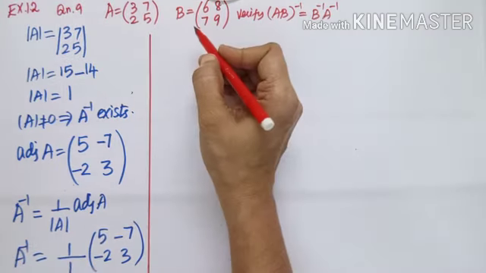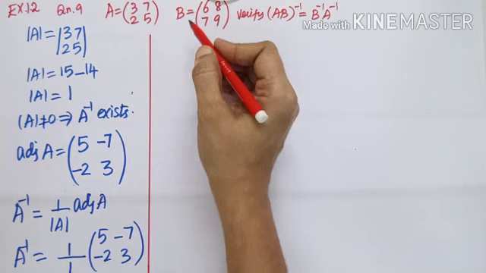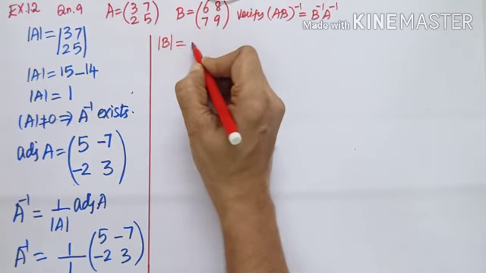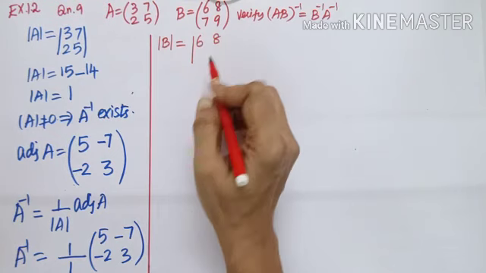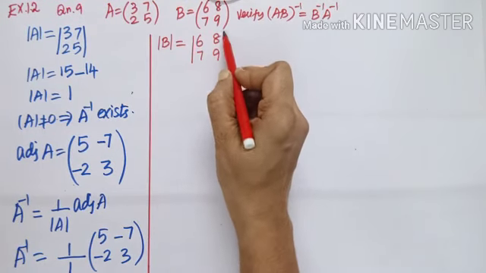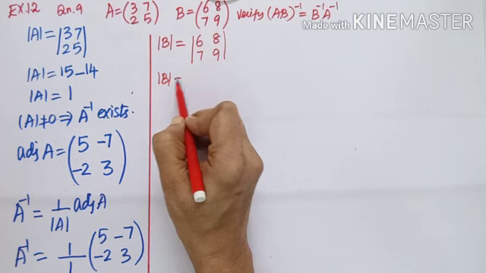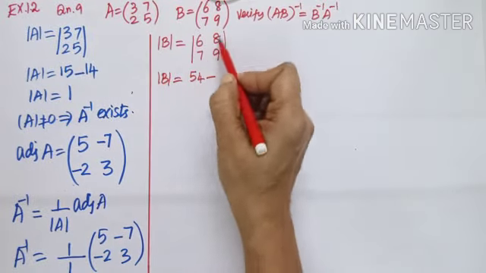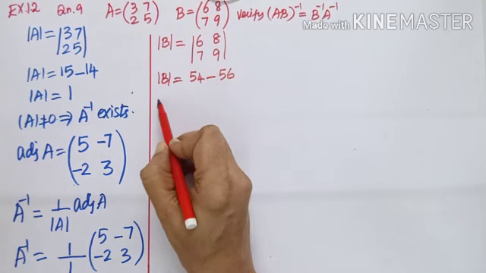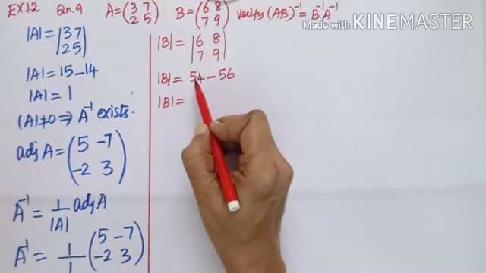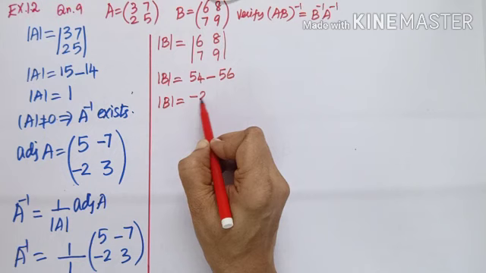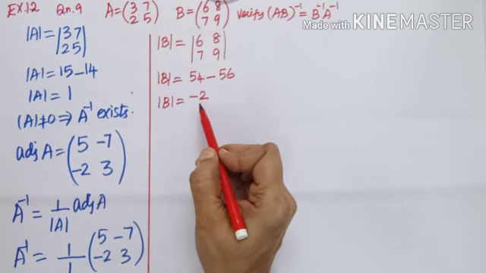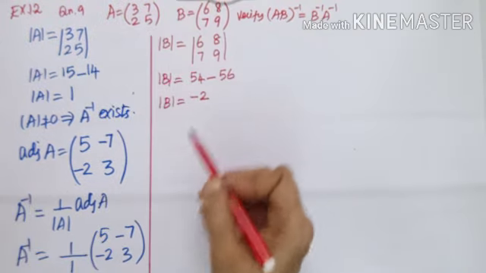We will proceed with B inverse. How do we find B inverse? The first step, determinant B. B is 6, 8, 7, 9. Determinant B equals 6 nines are 54 minus 7 eights are 56, so determinant B is 54 minus 56, that is minus 2. The same idea: determinant not equal to 0, so the inverse exists.